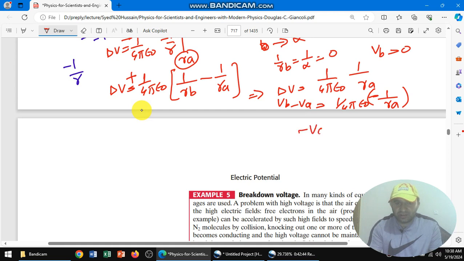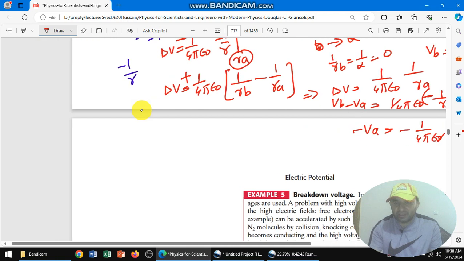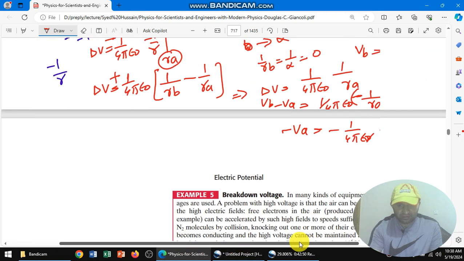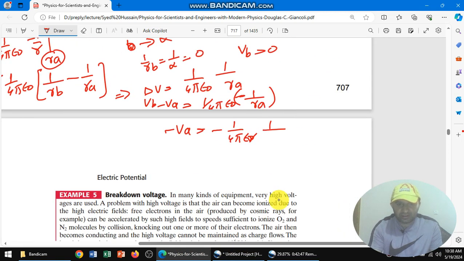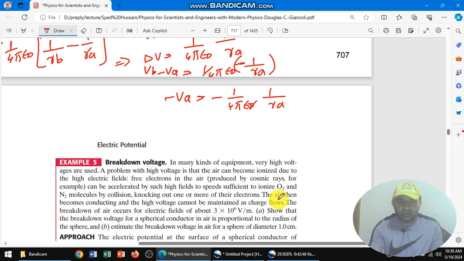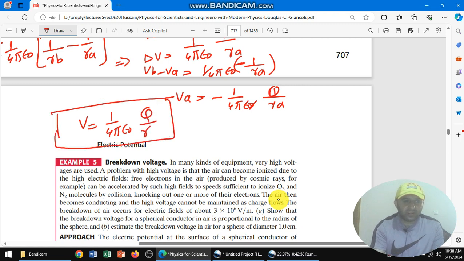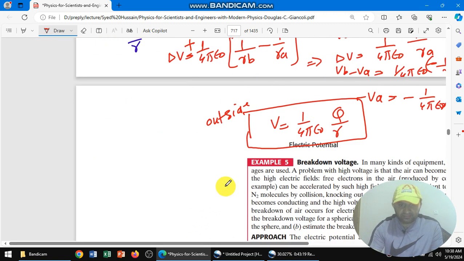So minus VA is equal to minus 1 over 4 pi epsilon naught Q over RA. Now the negatives cancel, so the potential V is equal to 1 over 4 pi epsilon naught Q over R. This is the formula for the potential outside the shell.